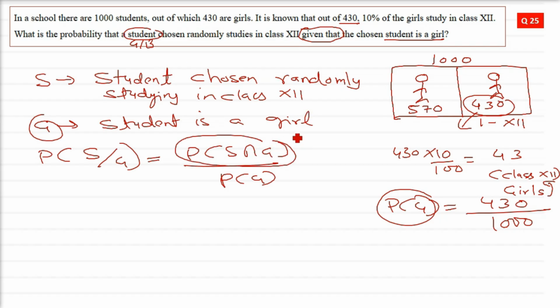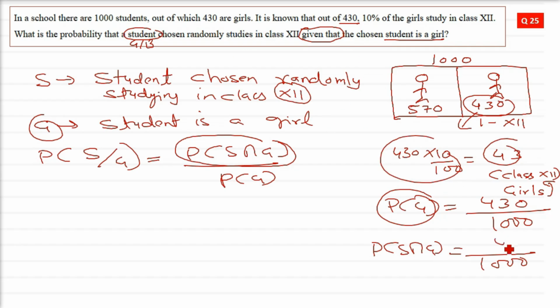Now what is this P(S intersection G)? Now a girl chosen and also the girl belongs to class 12. What is that probability? That is S intersection G we are finding out. In all there are 1000 students. Total number of cases is 1000. But what is our favorable cases? 10% girls are in 12th class, so this will be 43 by 1000.